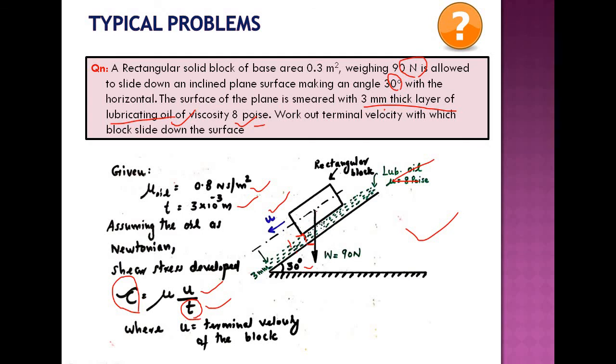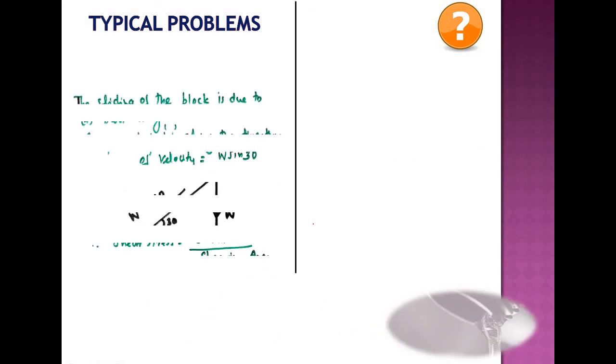Tau will be from the component of this W, because it is moving down only because of its own weight. So W, component of this W along the direction parallel to the inclined surface. So W has to be resolved along this direction. How to resolve W along this direction? We know this angle.